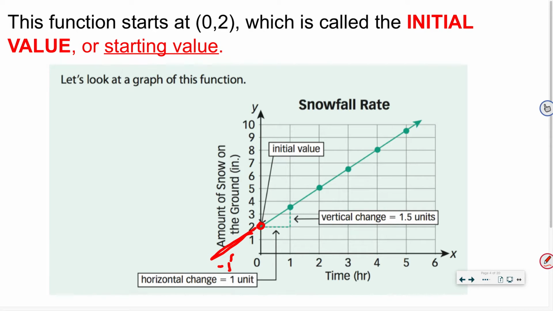Why are we certain that this is the first value and that nothing back here is possible? Because at this point, x is 0. But why can't x be negative 1? Because there's no such thing as negative snowfall.